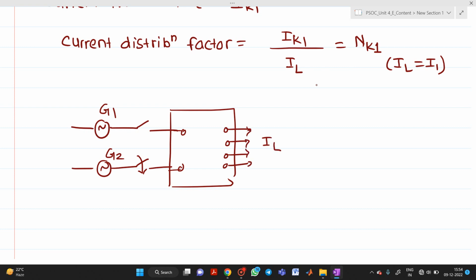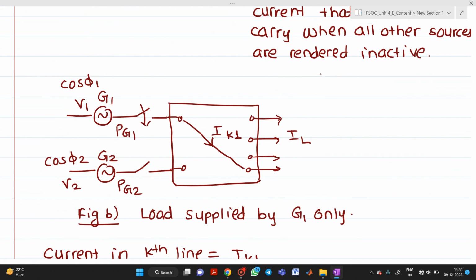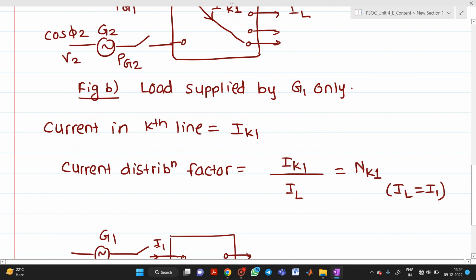Load current will be IL. So the current flowing through this will be IK2 when the switch is closed. Here no current will flow because it is open. I1 will not be there, but I2 will be there definitely.